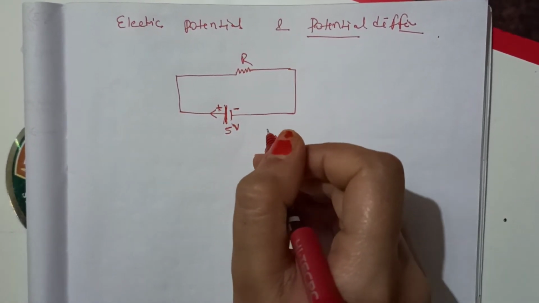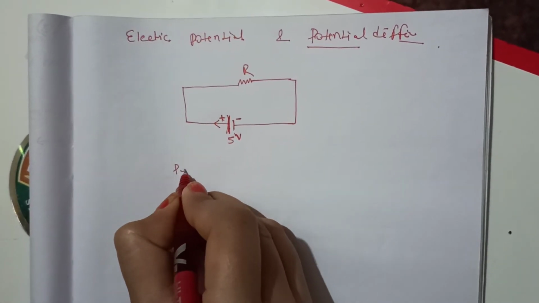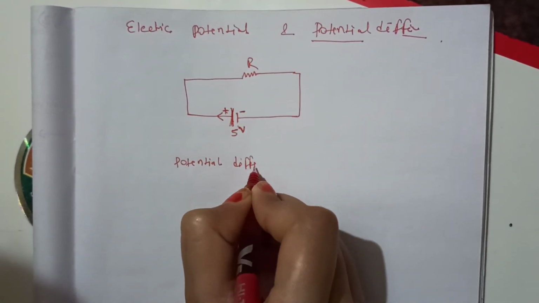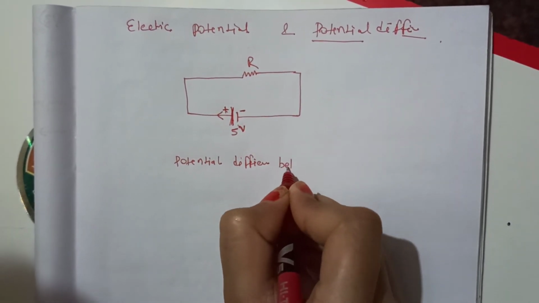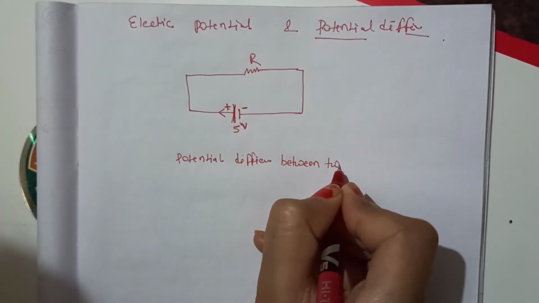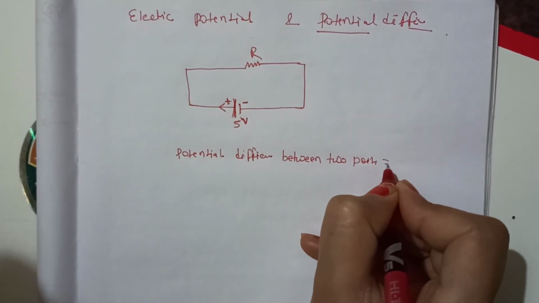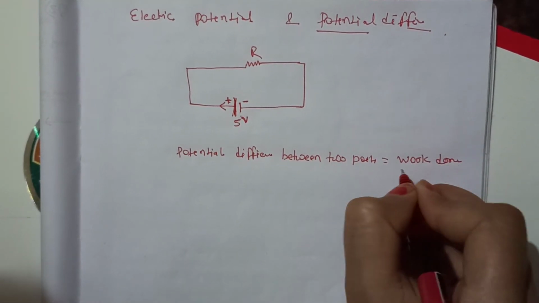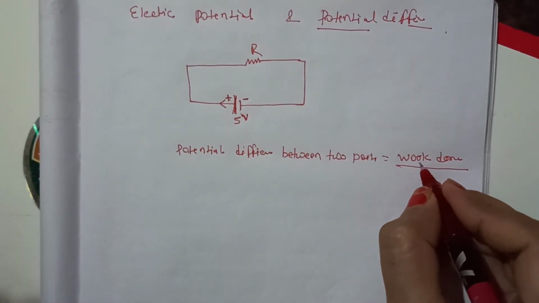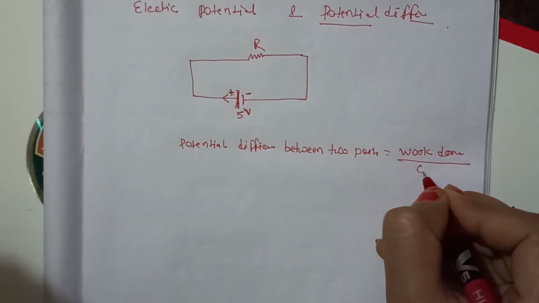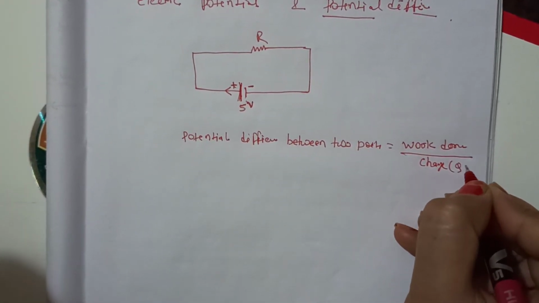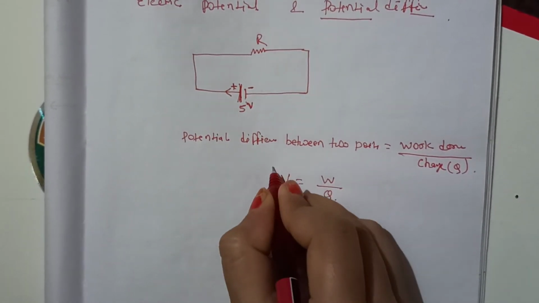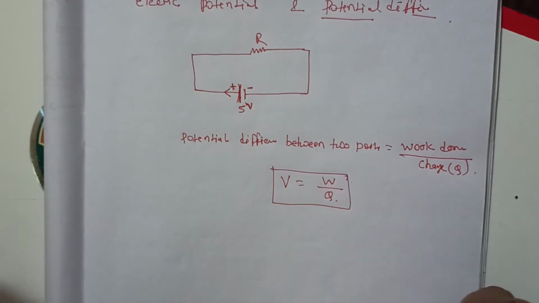So potential difference between 2 points, you can write here, equal to work done, whatever work is done to move the charge, divided by the charge, that is Q. So V is equal to W by Q. This is the one formula.